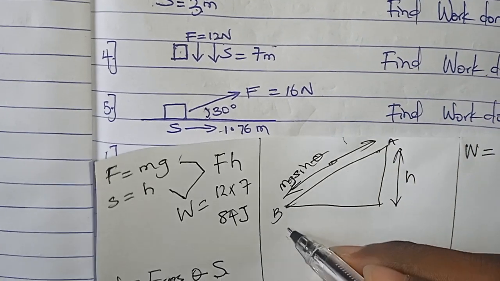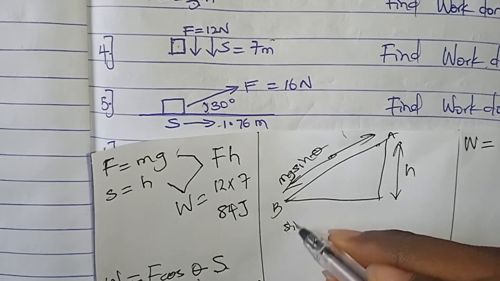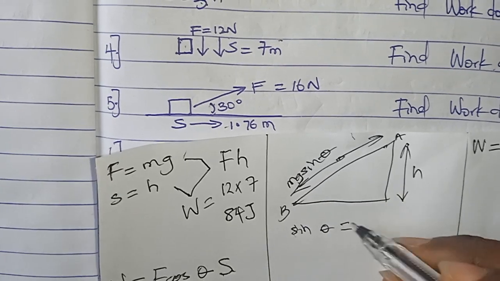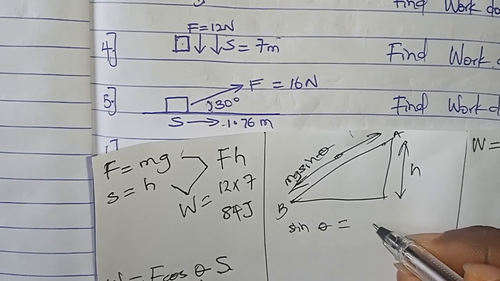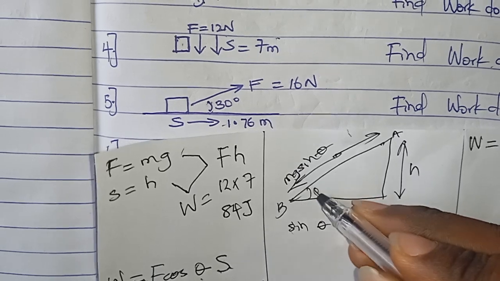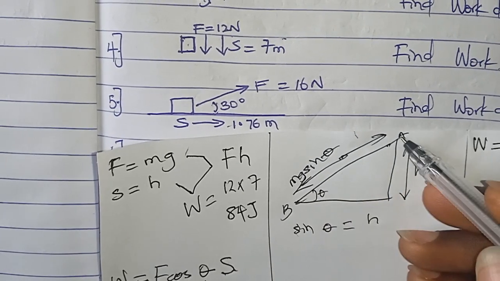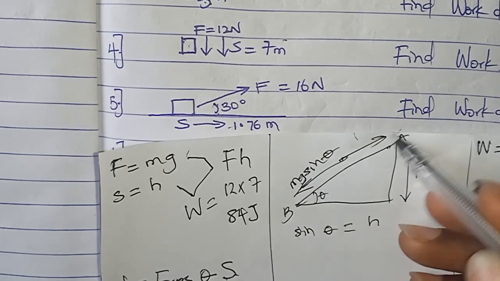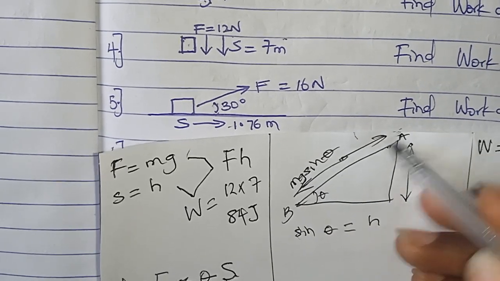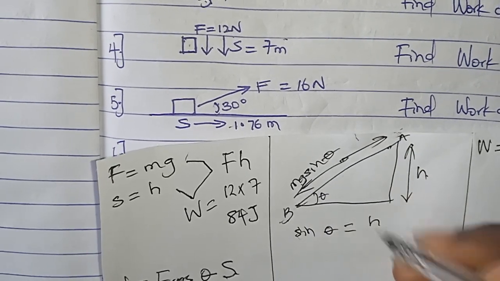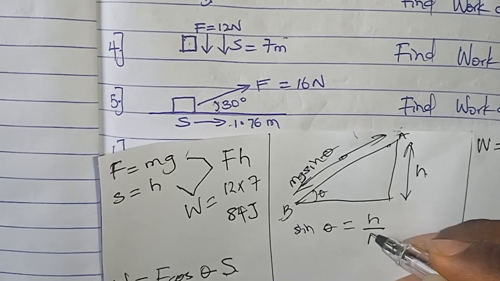So we'll have sine theta to be equals to, sine theta is opposite over hypotenuse. So let's say this is the theta. Opposite of this is h. Hypotenuse, the hypotenuse of this is simply A to B, which is mg sine theta. So let me have my AB.